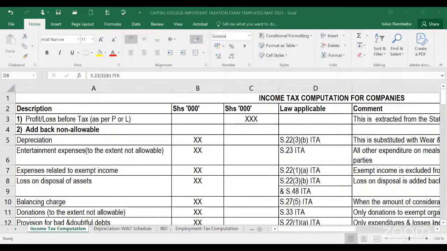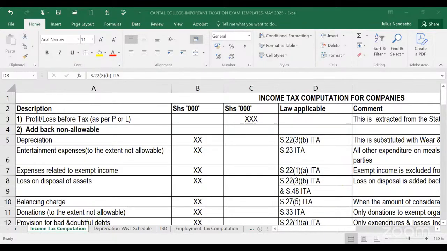And you're also going to be calculating industrial building deduction. Now, all other assets other than buildings and land will go to the wear and tear schedule.